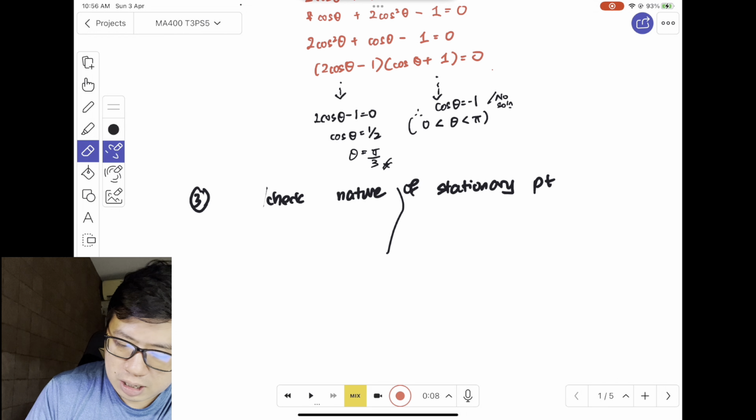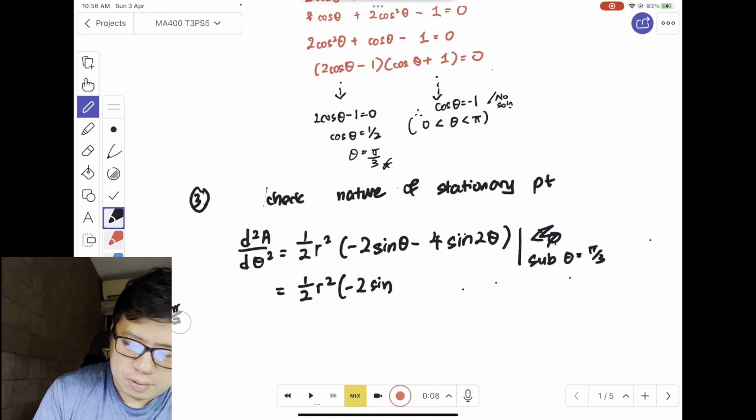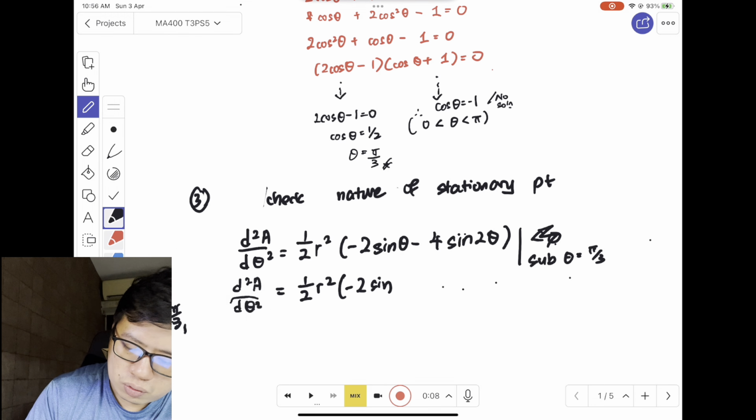So if you sub theta equals to pi over 3, you need to actually calculate and do the substitution at theta equals to pi over 3. Your d2A d theta square is equals to negative 2 sine pi over 3 plus 4 sine pi over 3 times 2, which is 2 pi over 3.